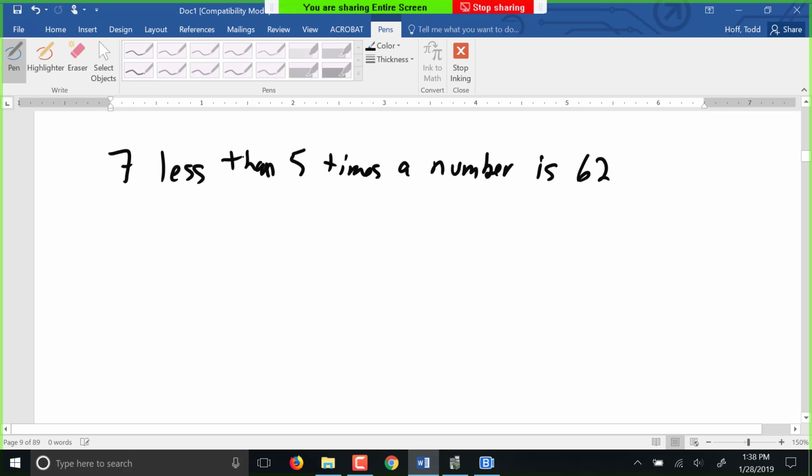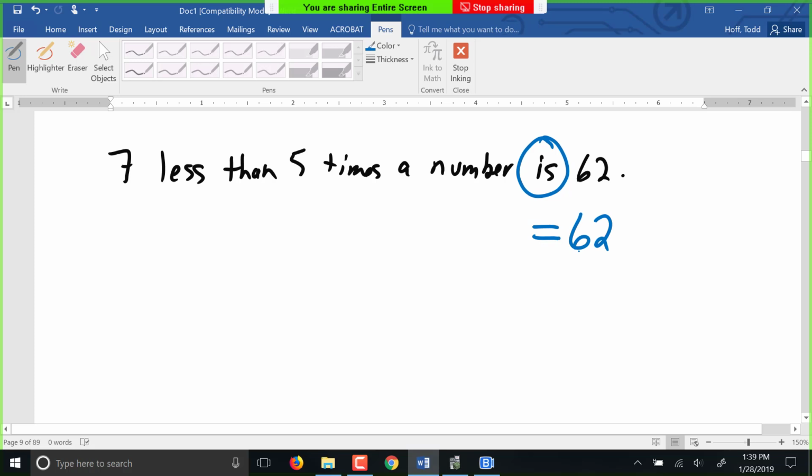If we're asked to find the number, we would have to write an equation. Now, as we pointed out last week, the word is often stands for equals. So something here most likely equals 62.